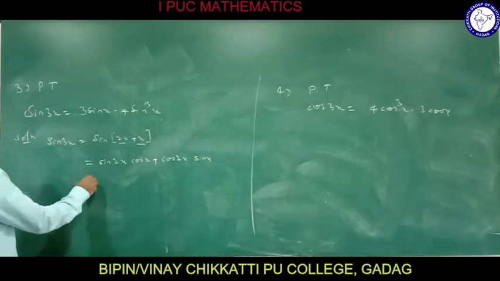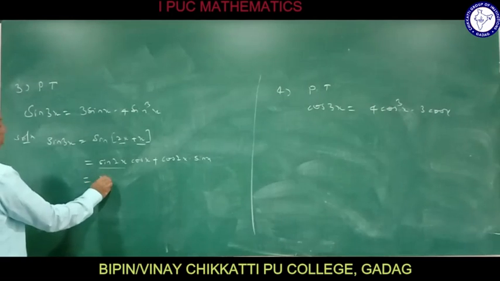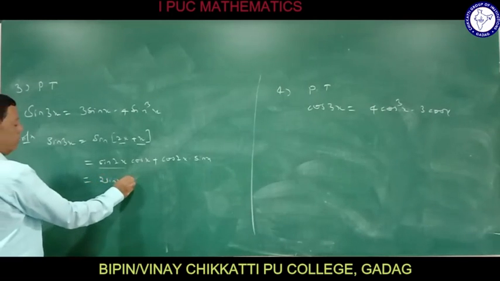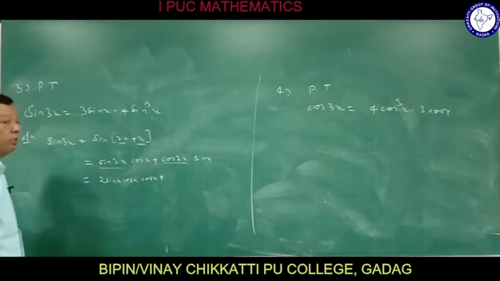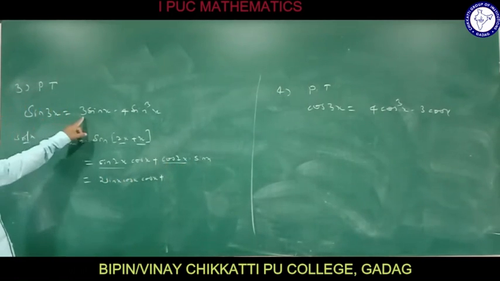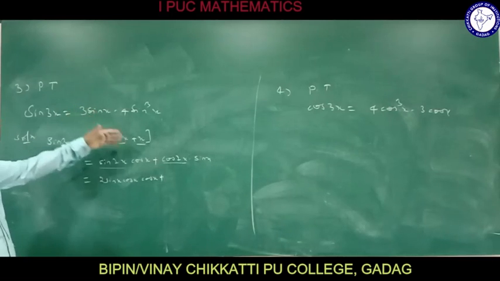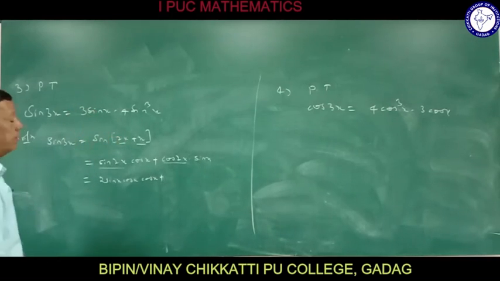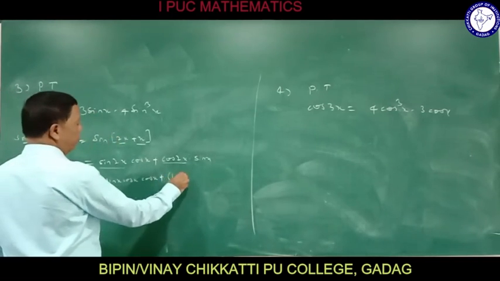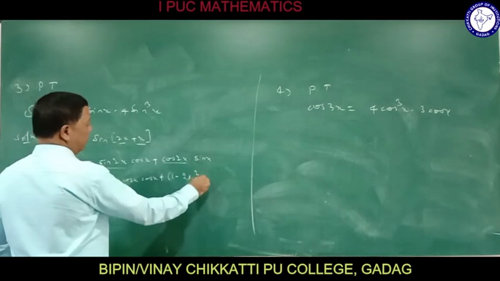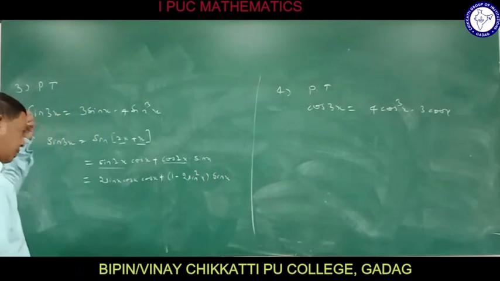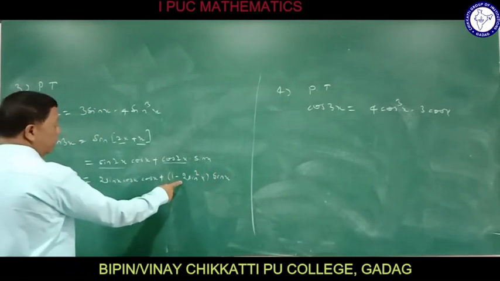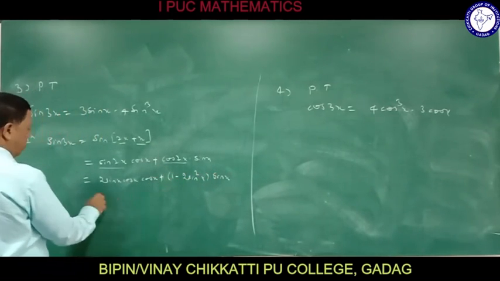So here sin 2x formula is only 2 sin x cos x, and cos 2x has 3 formulas, but here the answer is only in terms of sin. So cos 2x in terms of sin is 1 minus 2 sin square x, into sin x, because you know that cos 2x is 1 minus 2 sin square x, that is already proved.